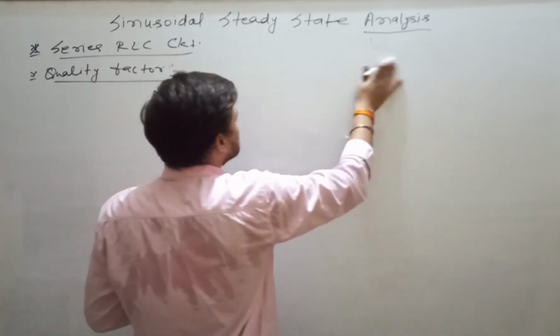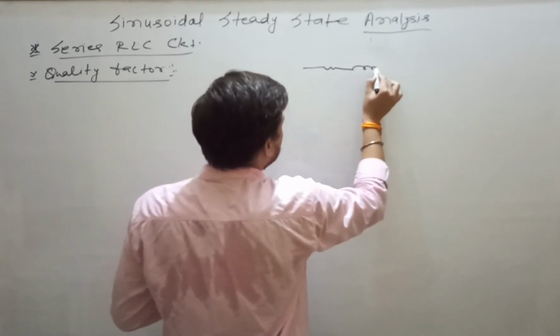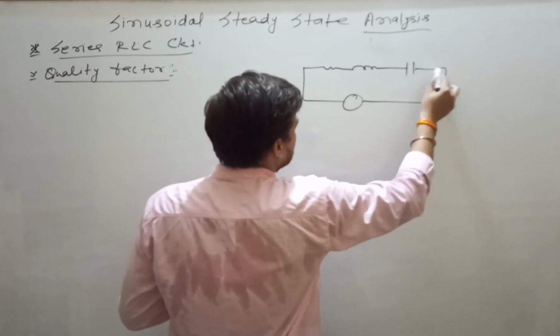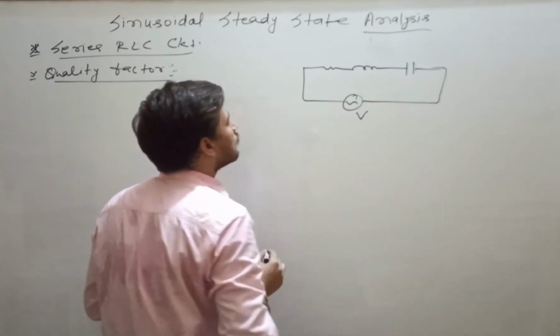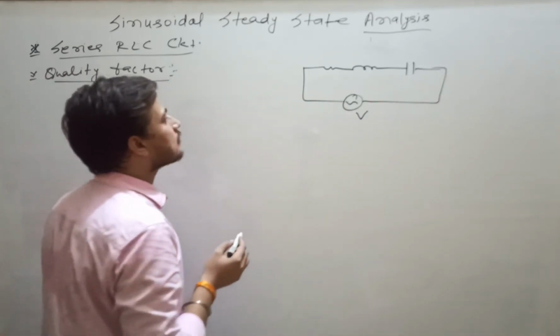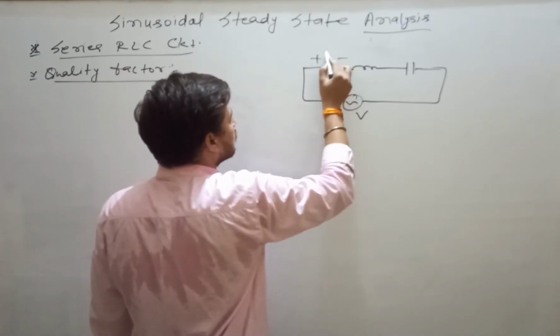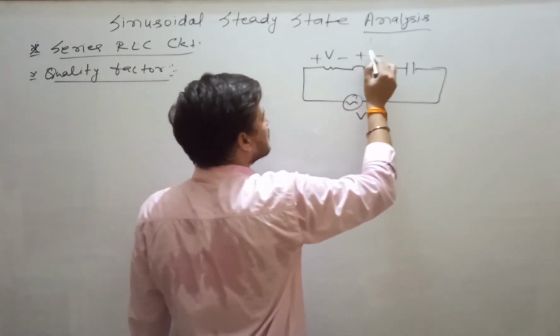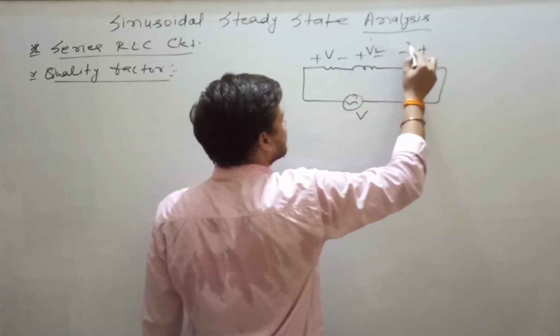Quality factor means, see, you are having a resistor, inductor and capacitor. This is the voltage supply V. At the condition of resonance, you are getting V volt across the resistor, and you are getting plus minus VL and minus plus VC.